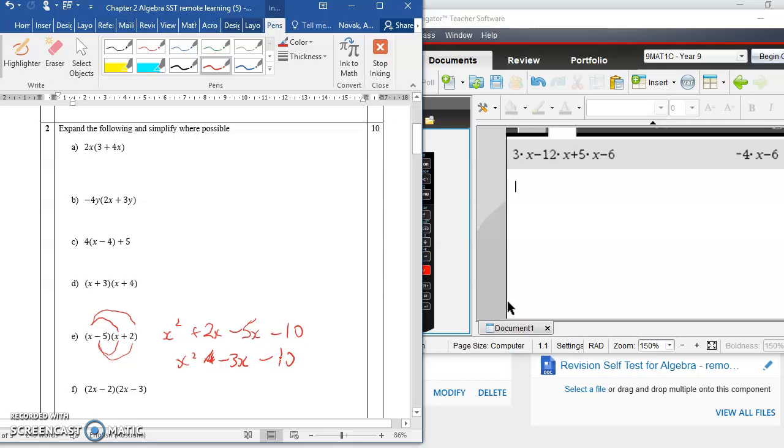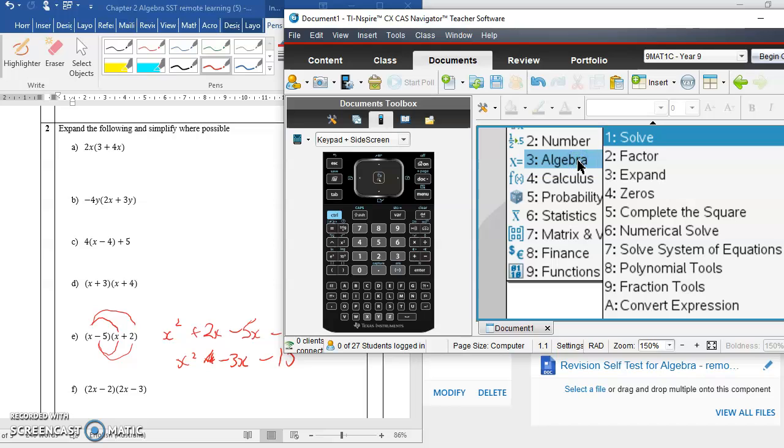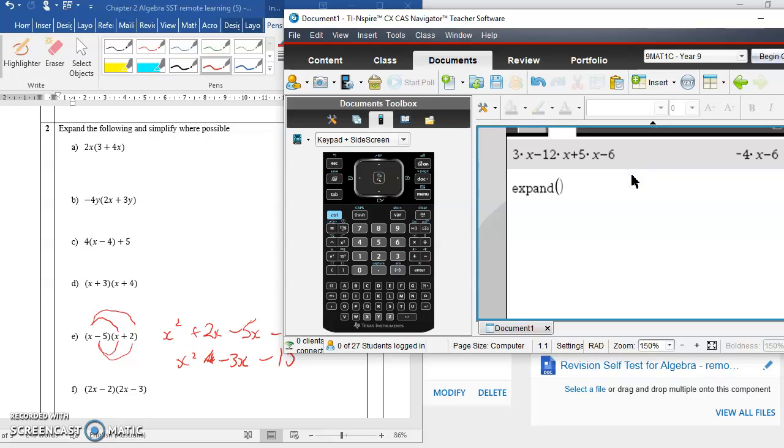We're now ready to check our answers. Remember, for this, we need menu, we need algebra, and we need one for solve. So it's menu one, so menu three, menu three. Now those brackets are not your brackets, okay? So if you've got brackets here, you need to put the brackets in.